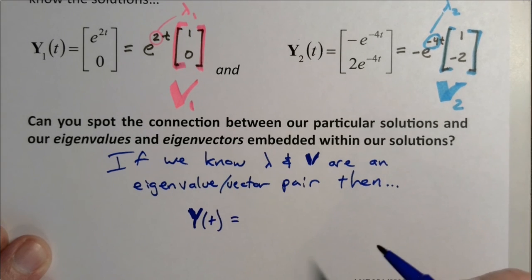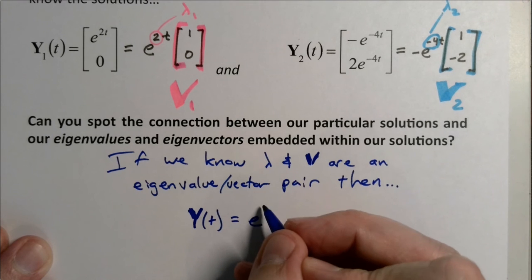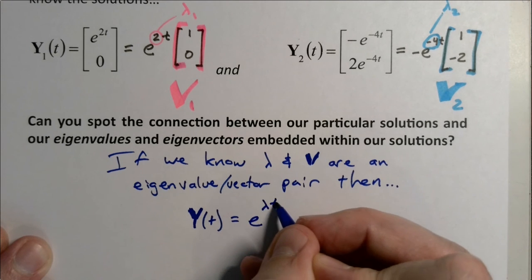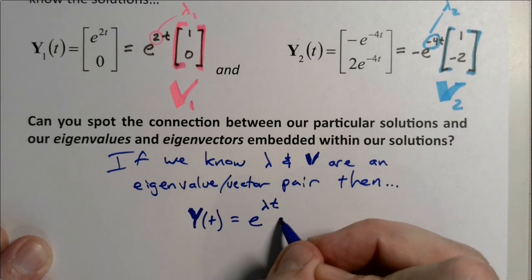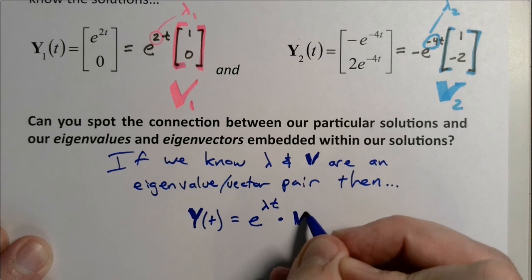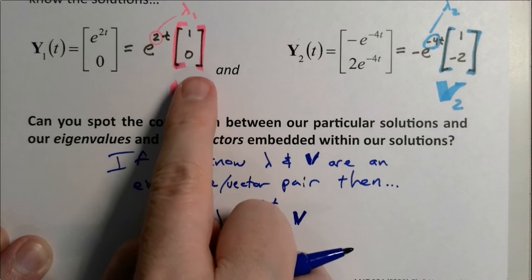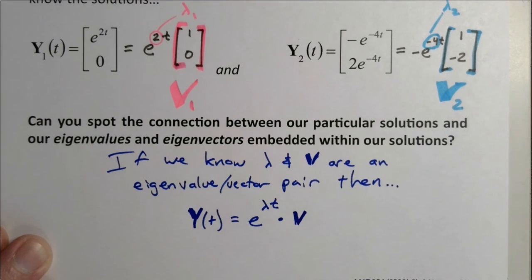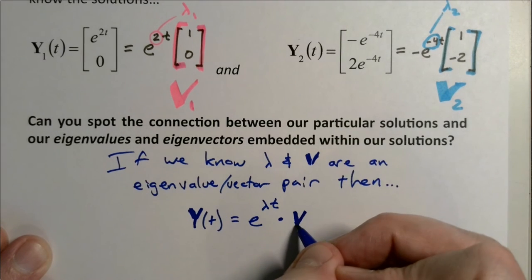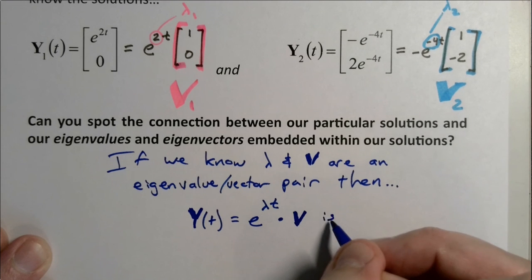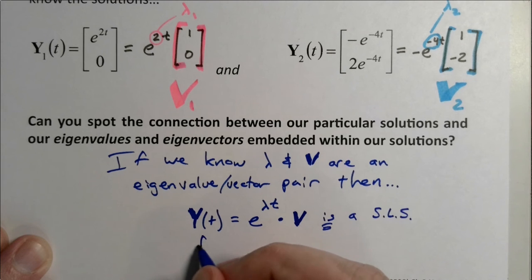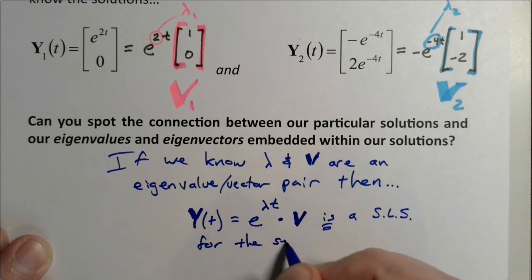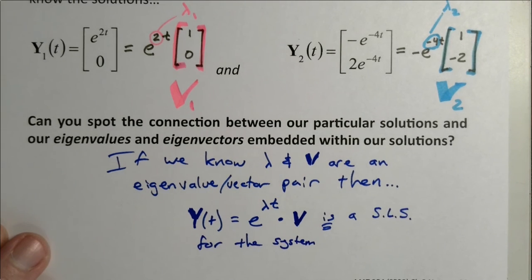And the straight line solution format looks like this: e to the lambda t, there's my eigenvalue upstairs, times the eigenvector v. Just like here or here, the vector. This is a straight line solution for the system. This is huge.